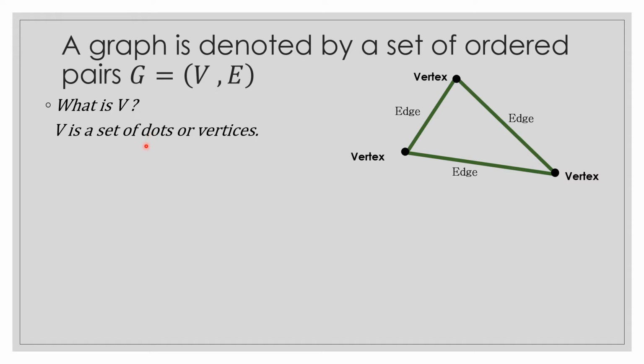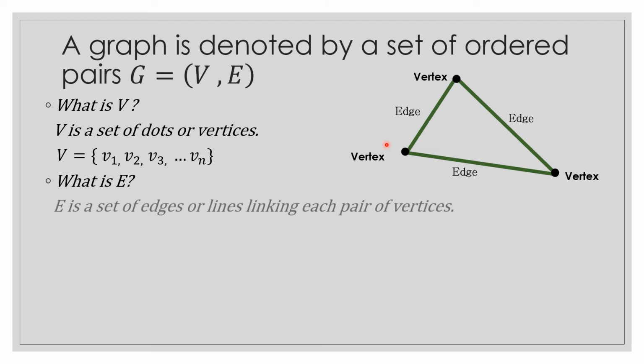V is a set of dots or vertices, so you have brackets like this to represent the set. For V, the vertices, you have V1, V2, V3 until Vn. From here you have V1, V2, and V3 because you have 3 vertices.